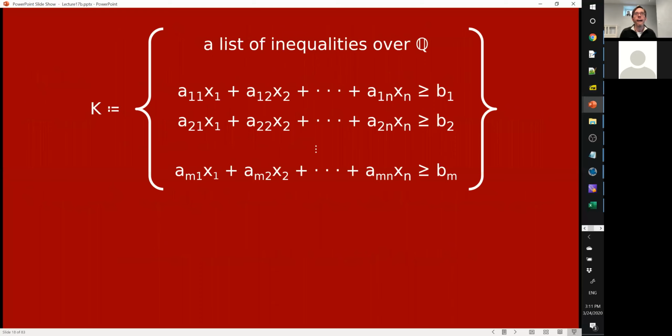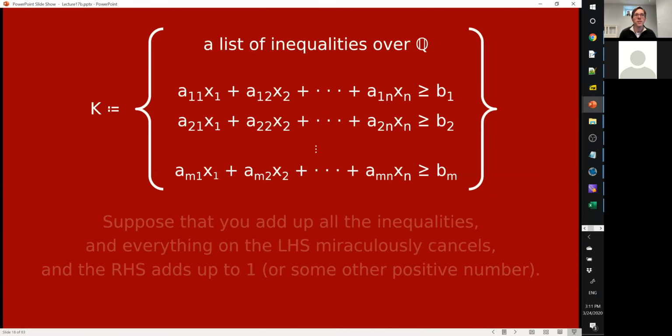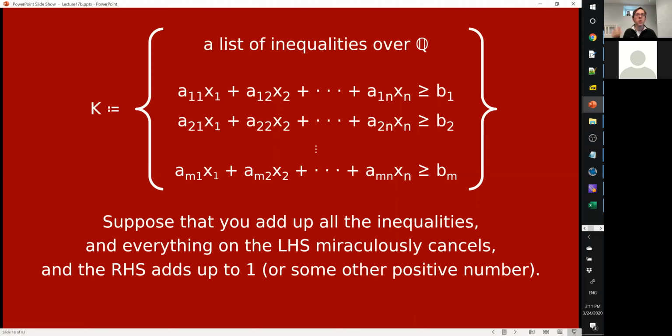So what do we mean by a proof or a certificate that a system of linear inequalities like this has no solution? Suppose this was your input instance, and I told you, add up all these inequalities. If there's a solution to all these inequalities, then that solution x should also satisfy the sum of the inequalities. And imagine, by some weird miracle, when you formally add up the left-hand sides, all the coefficient sums add up to 0, so the left-hand side cancels out completely.